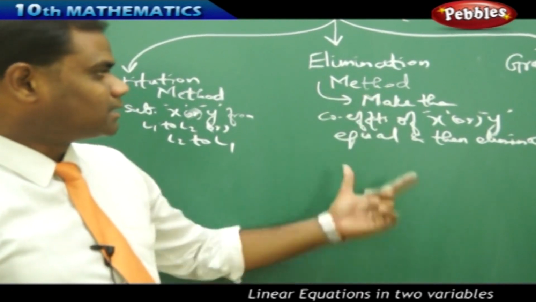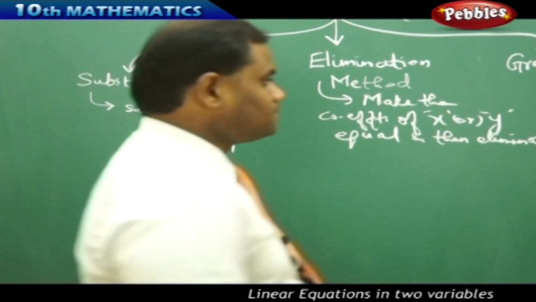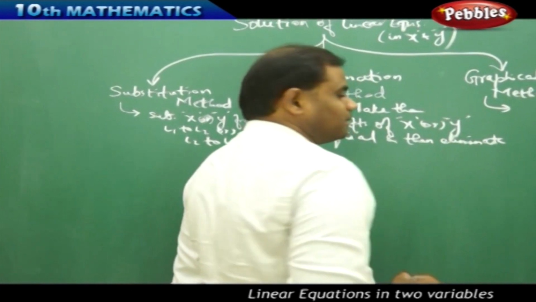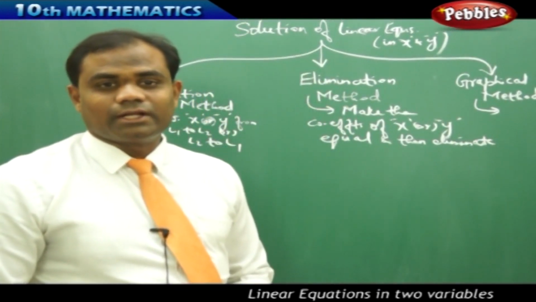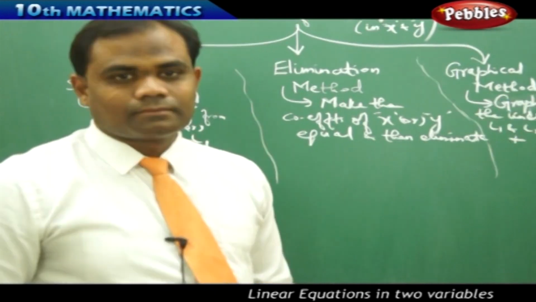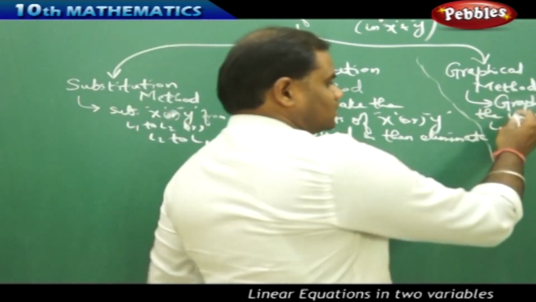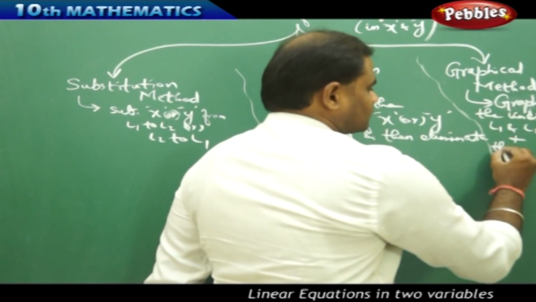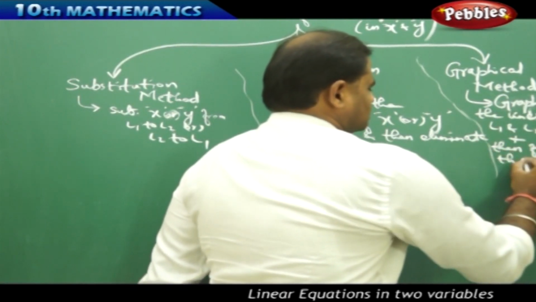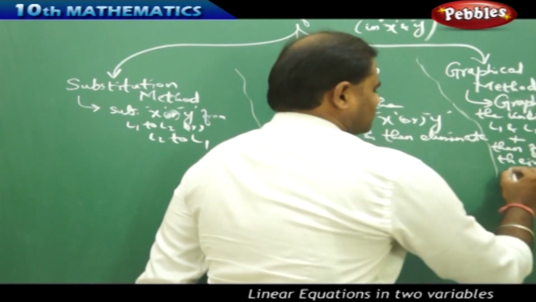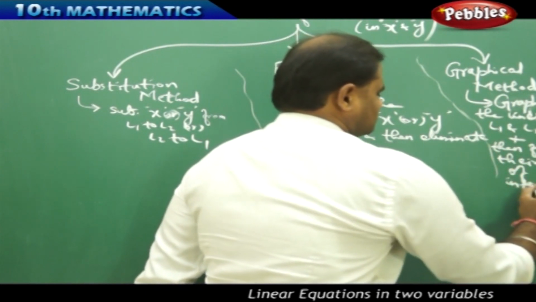That is how we understand the elimination method. Thirdly, in the graphical method, we sketch the lines L1 and L2, graph them, and then find their point of intersection.